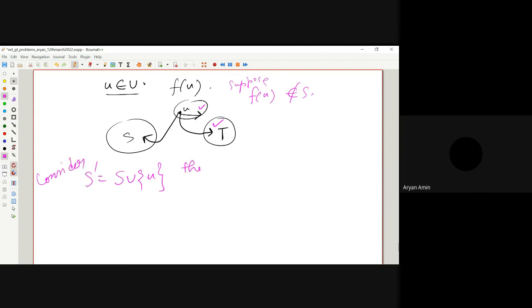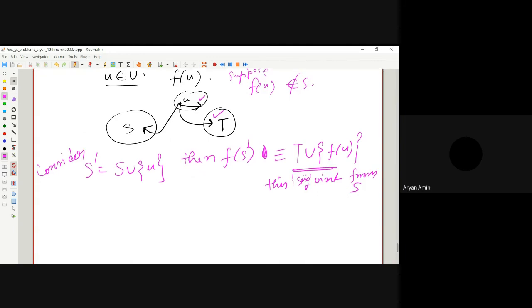Then what is f of S dash? f of S dash is just T union f of u. But note that this is disjoint from S by our assumption. Disjoint.